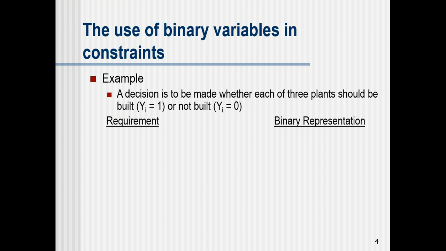How about this? Let's say we have costs. The architects have given us costs for these things. And this one costs, I don't know, let's say 8 million. This one costs 10. And this one costs 6.